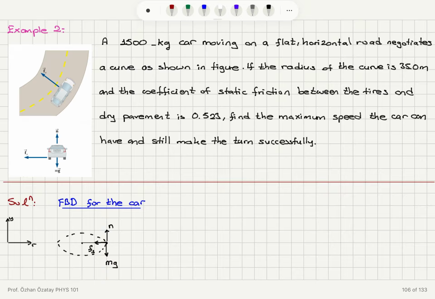It has components on the y-axis and components on the radial axis. So we identify the centripetal force for the uniform circular motion on this flat horizontal road is static friction Fs.